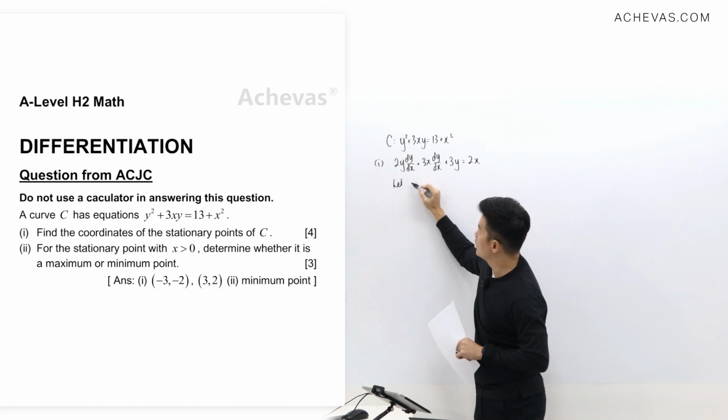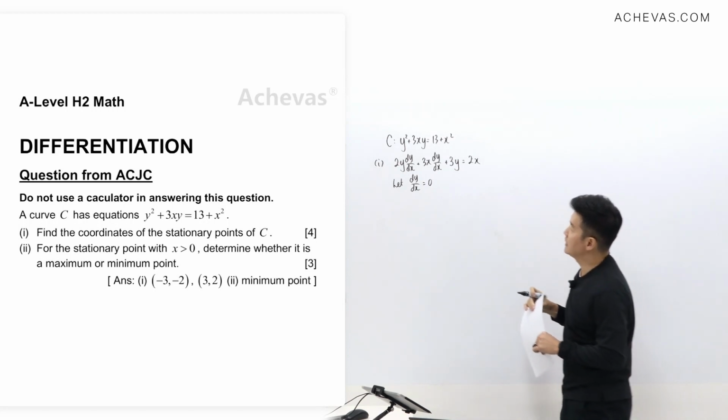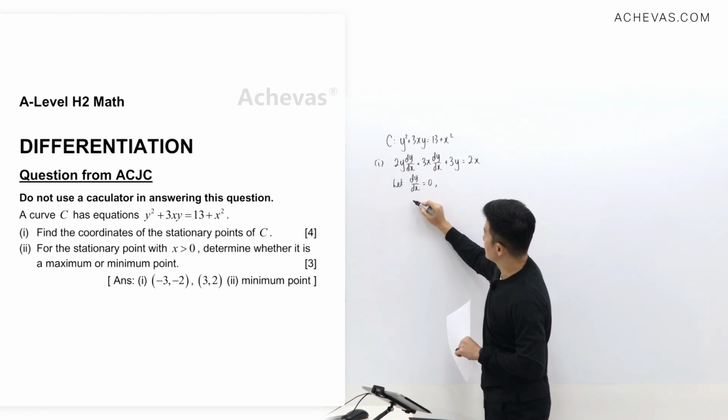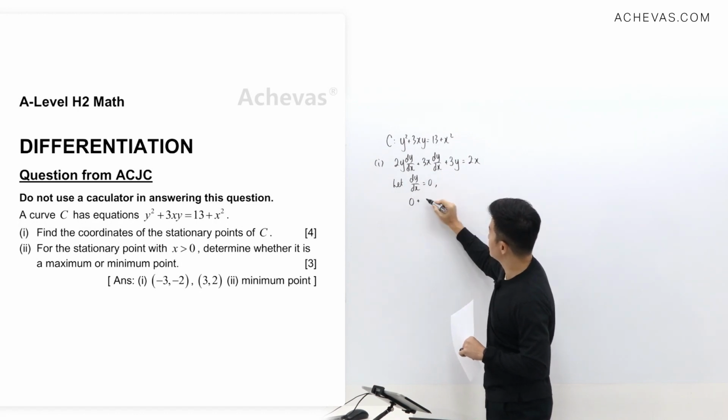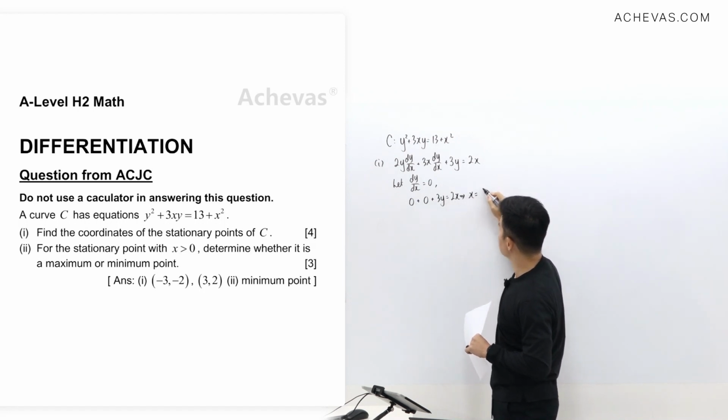And from here, we are going to let dy/dx be equal to 0. So letting dy/dx be equal to 0, it is going to be 0 plus, this is also going to be 0, plus 3y is equal to 2x. This tells me that x is equal to 3 over 2 y.